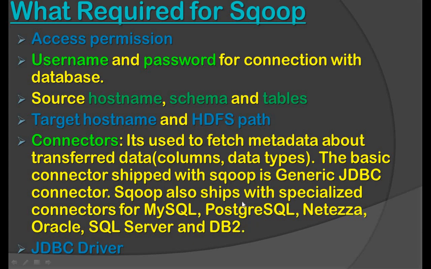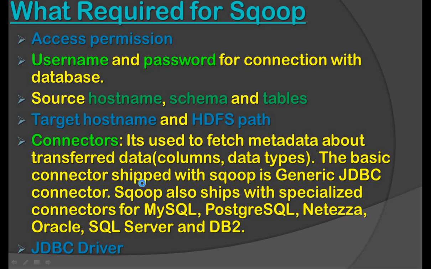So Sqoop also has connectors for these RDBMS. The next thing required is the JDBC driver. So these things are required for Sqoop: access permission, username, password, source hostname, schema and table, target hostname, HDFS path, connectors, and JDBC driver.